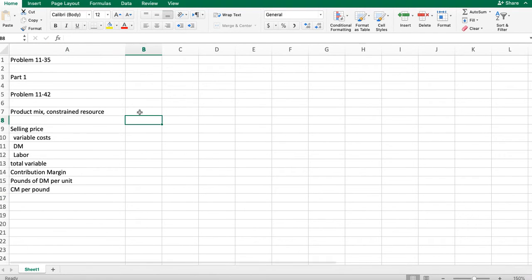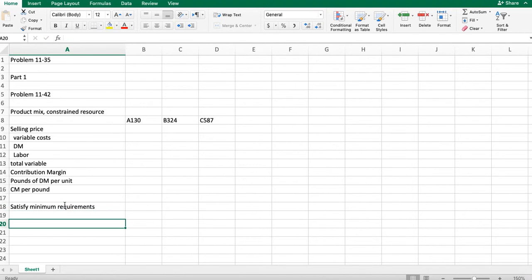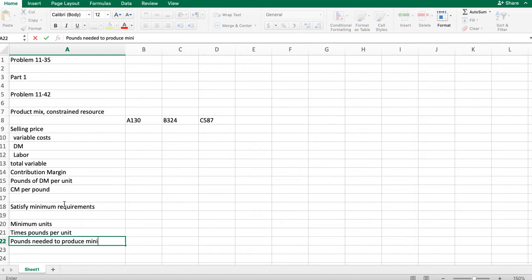You're going to set this up for each product: product A130, B324, and C587. You'll put that information in there, and then you'll get this number. Then you'll satisfy minimum requirements until you use up all of the direct material that you have, which is pounds. So you'll have your minimum units, times pounds per unit, and then the pounds needed to produce the minimum.